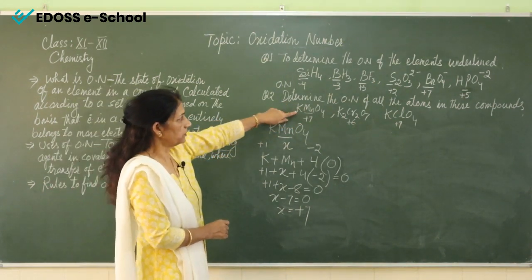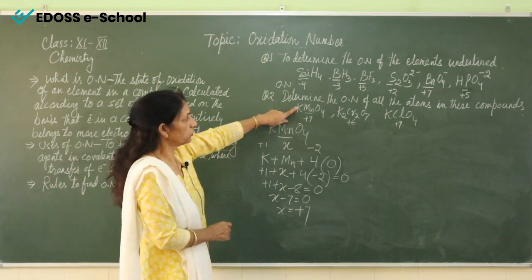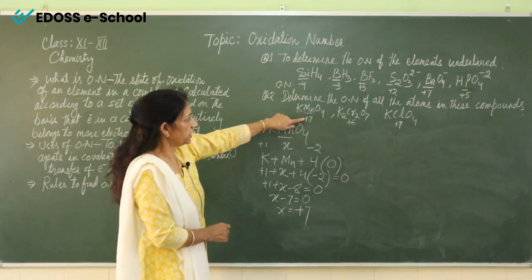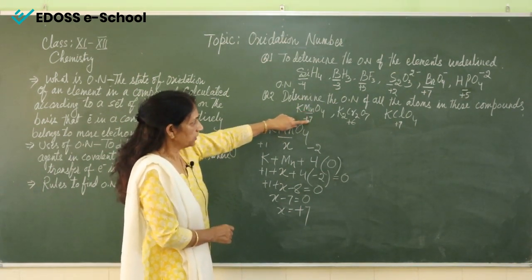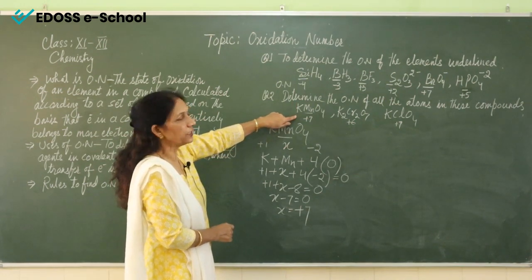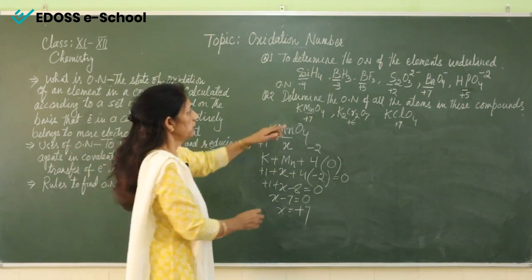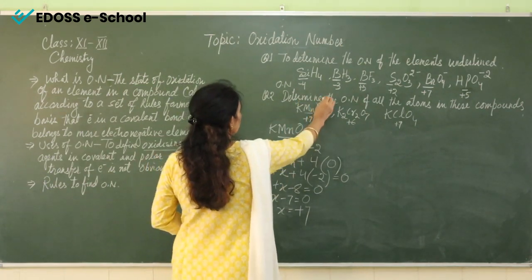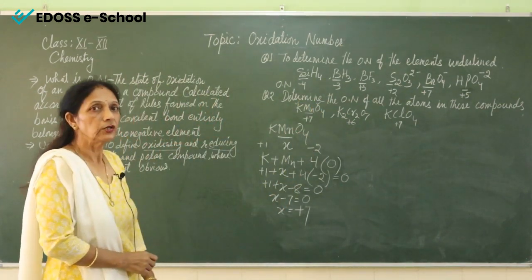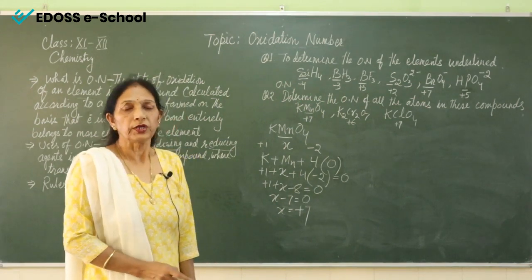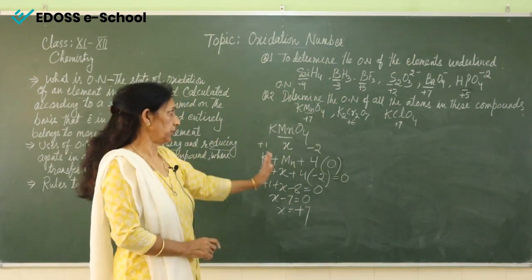Similarly, if you want to determine potassium or oxygen, we can put Mn as +7 and potassium as +1. In this way also we can find the oxidation number of this and this. Out of 3, 2 should be known and 1 should be unknown.